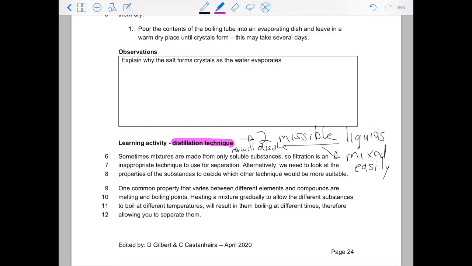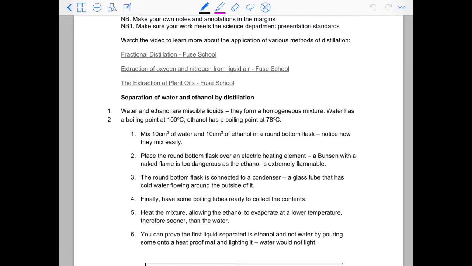One common property that varies is the melting and boiling points. No two substances have the same melting and boiling points. So if you heat the mixture gradually, first the thing with the lower boiling point will boil off, and then something with the higher boiling point will boil off, which would allow us to separate them.